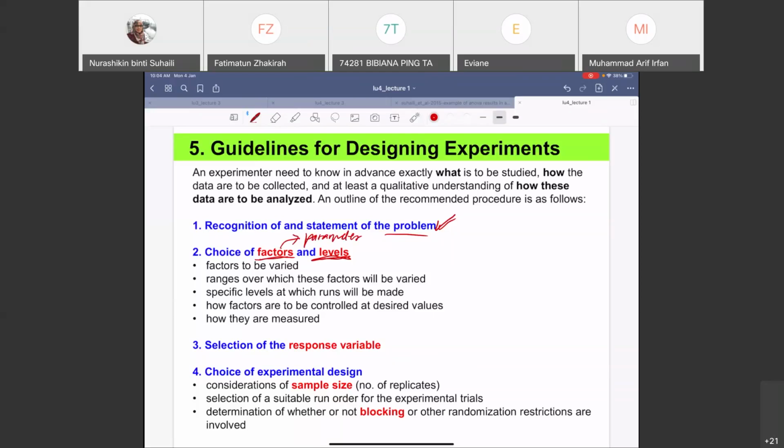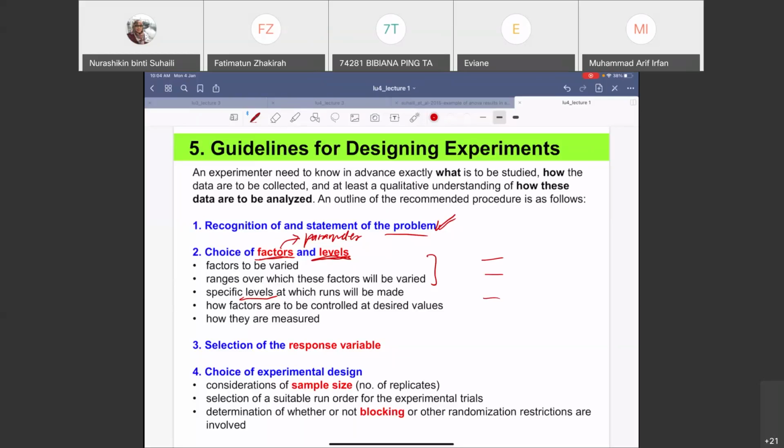It has to do with the range of the factor. Okay, specific levels. Levels are within the factor, just now. Let's say the height, you set different levels, different classes. How the factors are to be controlled at desired values, how they are measured. Okay? So some factors can be controlled, and how you want to measure the height, for example. So it has to do with the methods.